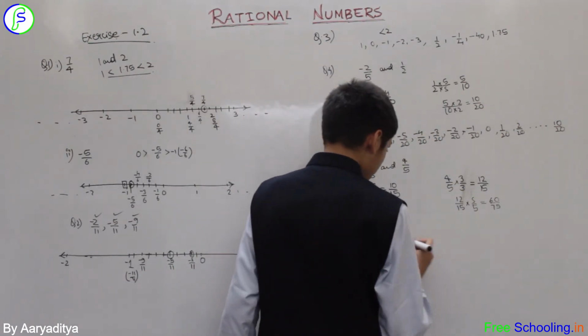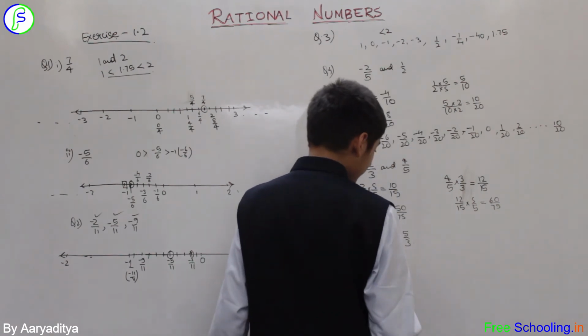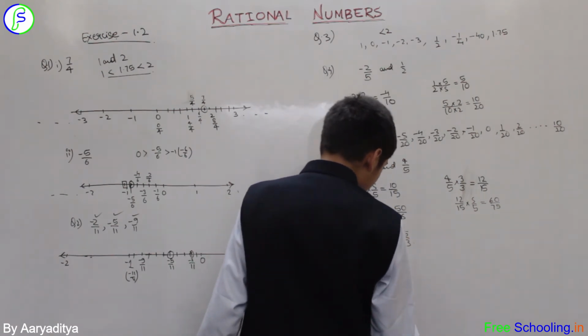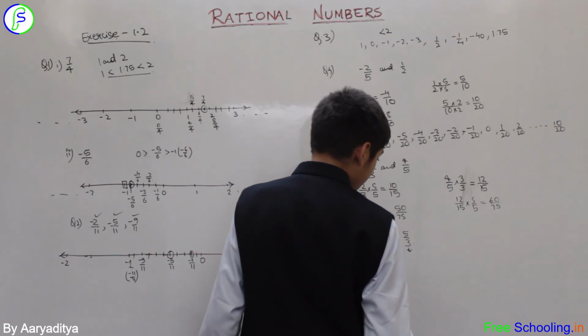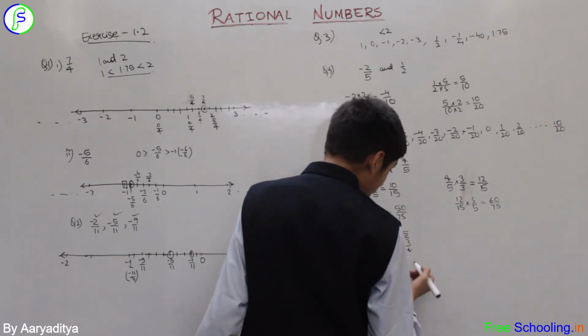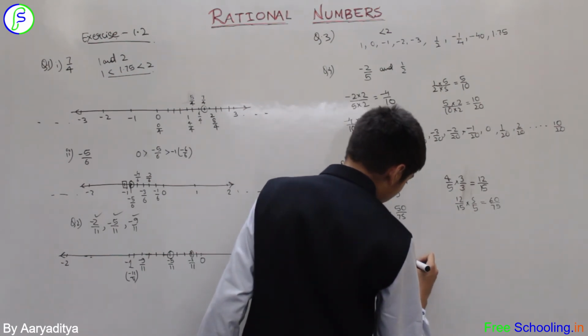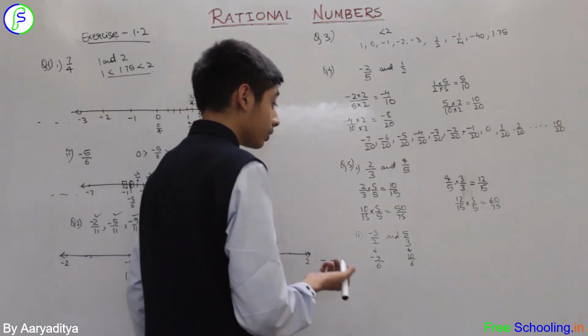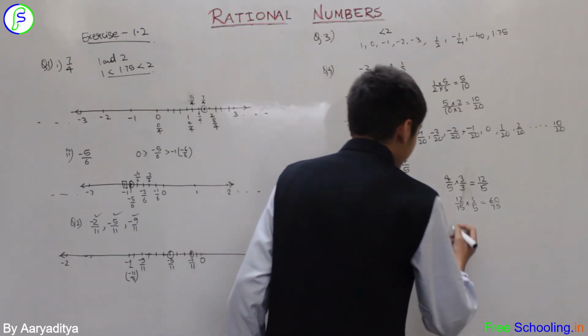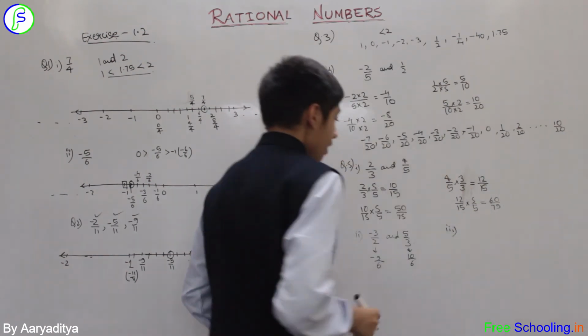So I have minus 9 by 6, and if I do the same with this one, multiplying numerator and denominator by 2, I will be getting 10 upon 6. And again, you can take out any 5 rational numbers between them in respect with the denominator of 6.